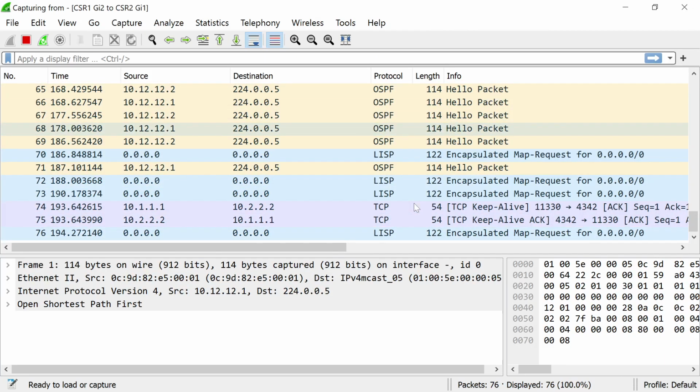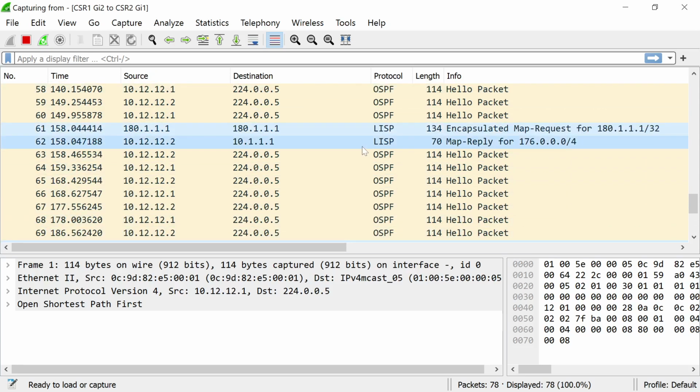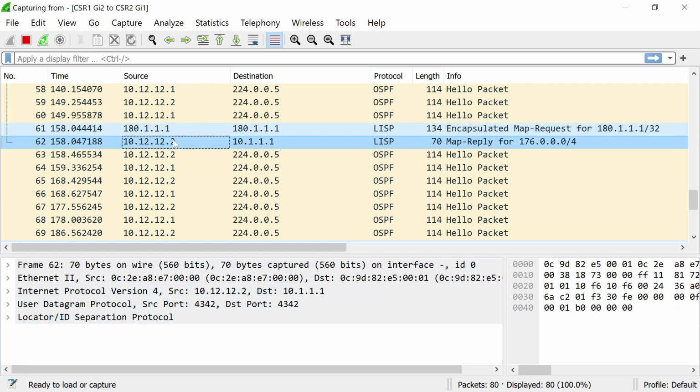Notice that whenever I try to ping the internet, router 1 asks router 2 using UDP 4342, and router 2 is responding to router 1 using a map reply.